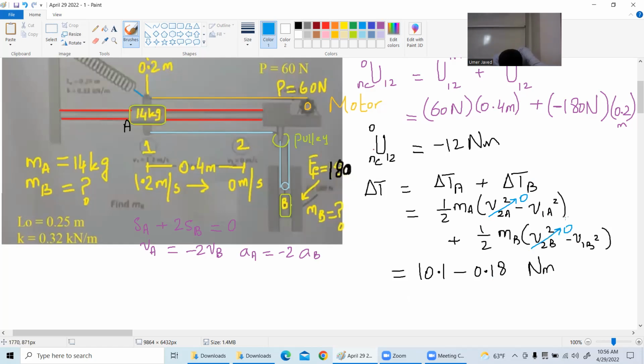And I substituted V1A as 1.2. And I substituted VB as VA divided by -2, but the square helps us here. So substitute here, okay? So delta T comes out to be this value.